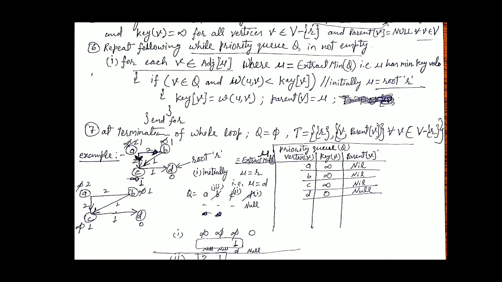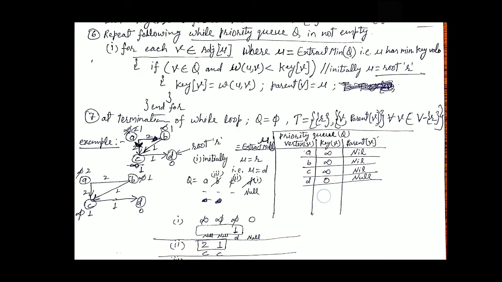It will check whether there is any adjacent vertex, and these adjacent vertices should be part of the priority queue, and if the weight of the edge uv, that means from u to v, is lesser than the key value, then we will update the key value of v by the edge weight, and we will make vertex u the new parent of vertex v.